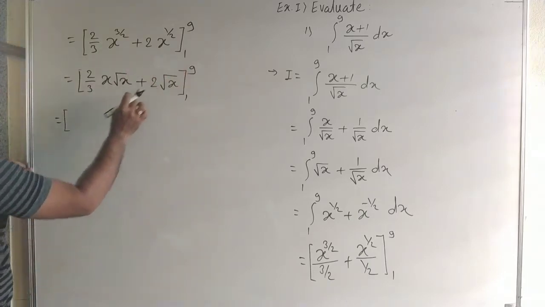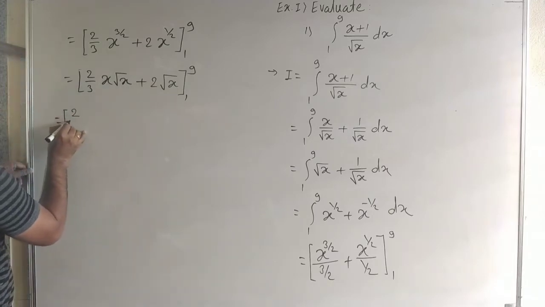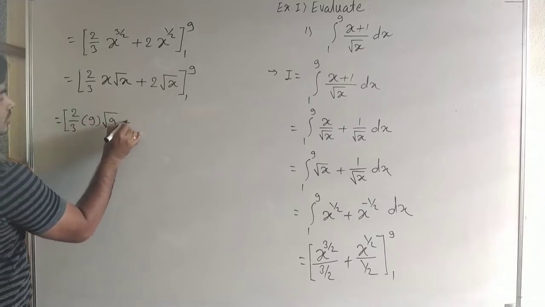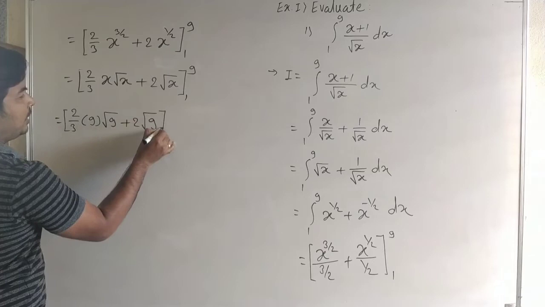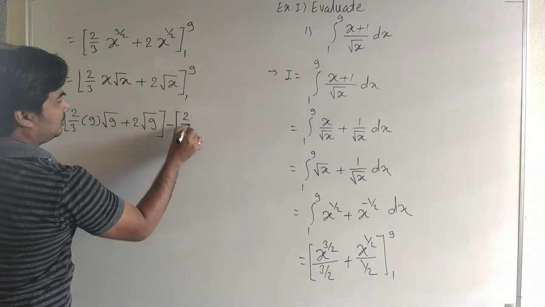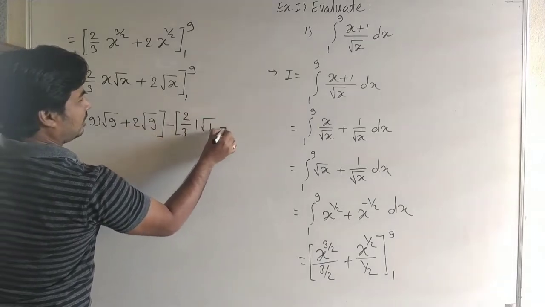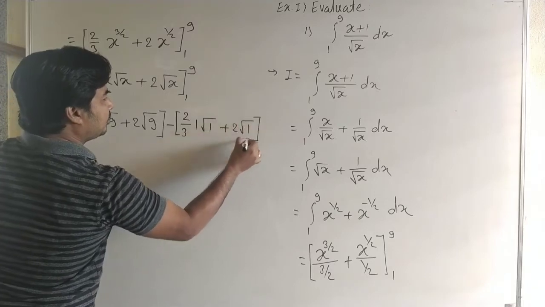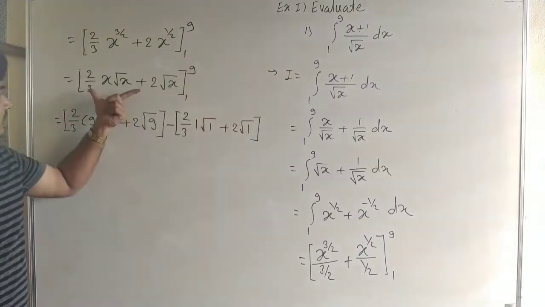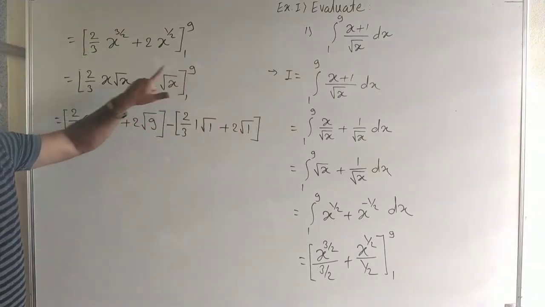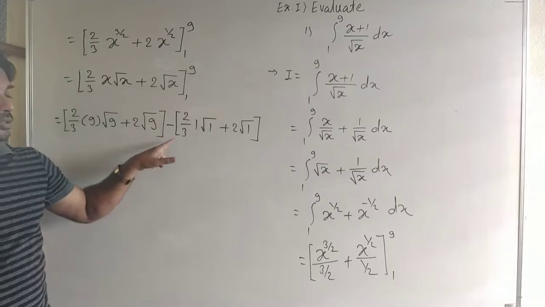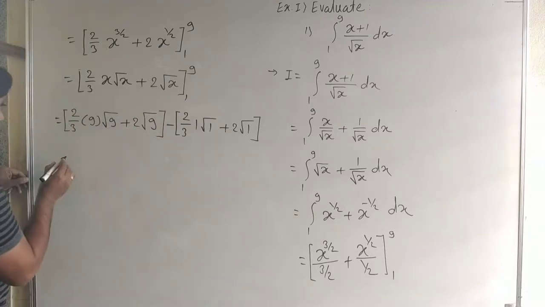First we put the upper limit in this function: 2 by 3 into 9 into under root 9 plus 2 into under root 9, minus 2 by 3 into 1 into under root 1 plus 2 into under root 1. In the integral of x plus 1 upon under root x, we put first the upper limit 9 and minus the lower limit 1, and now only take the calculation.